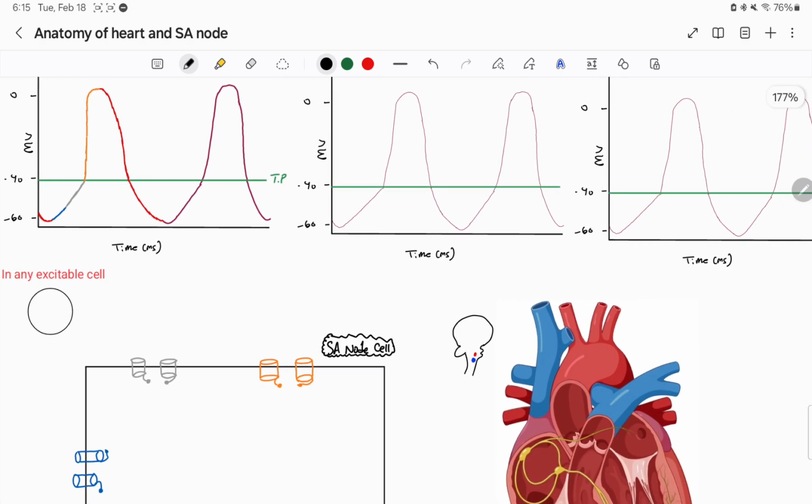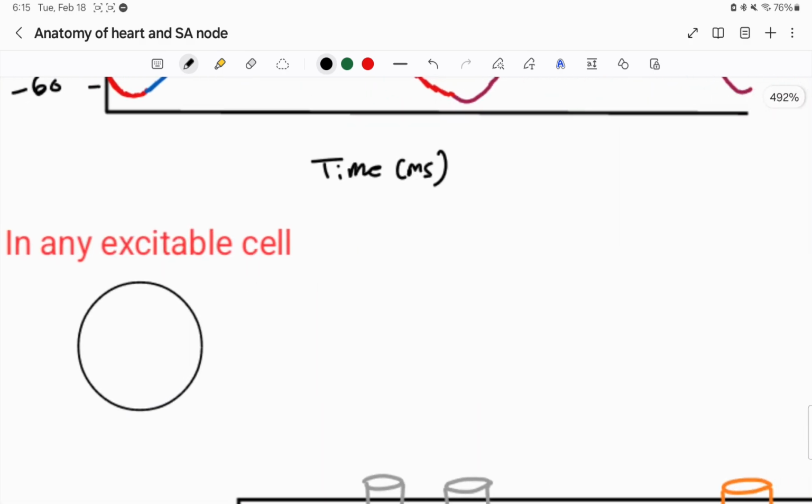Okay, so I want to remind you that in any excitable cell, the concentration gradient of ions looks like this. An excitable cell just means muscle cells or neurons. Potassium would be extremely high inside of the cell, but low outside of the cell, okay?